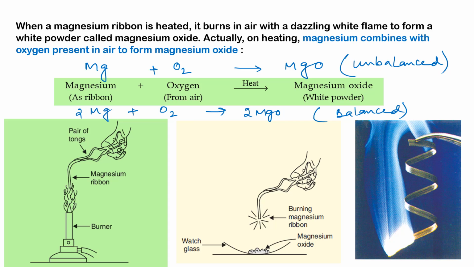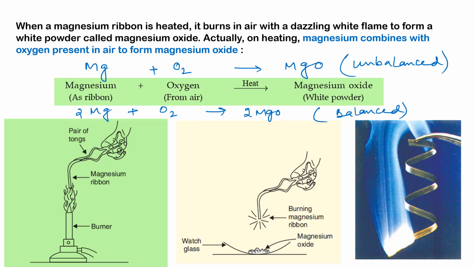Why am I telling this is an oxidation process? Because oxygen is added with magnesium and we are getting the magnesium oxide. Whenever oxygen is added with some substance, we are able to say this is the oxidation reaction. Sorry, magnesium is oxidized to magnesium oxide.